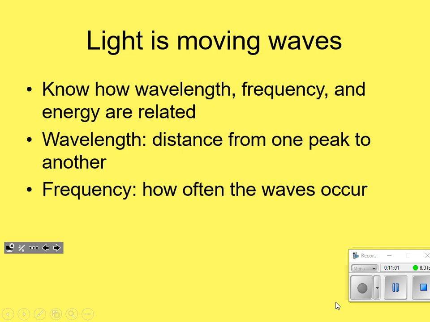Frequency is how often it occurs. Anything that's frequent, that happens a lot. I'll let you finish jotting this down. I'm going to go back to my board diagram and just kind of show this to you.